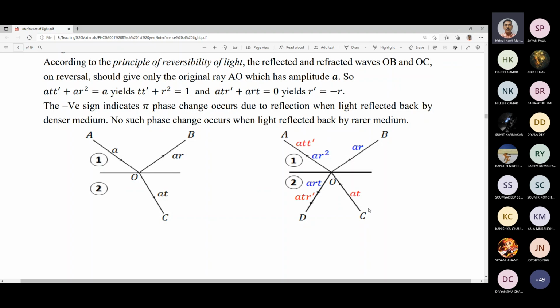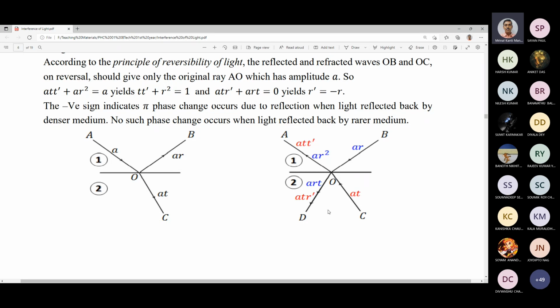Now, if we reverse the transmitted beam of amplitude AT, then again it will produce a reflected beam and a transmitted beam. Now we consider R prime and T prime as the reflection and transmission coefficients from medium 2 to medium 1.